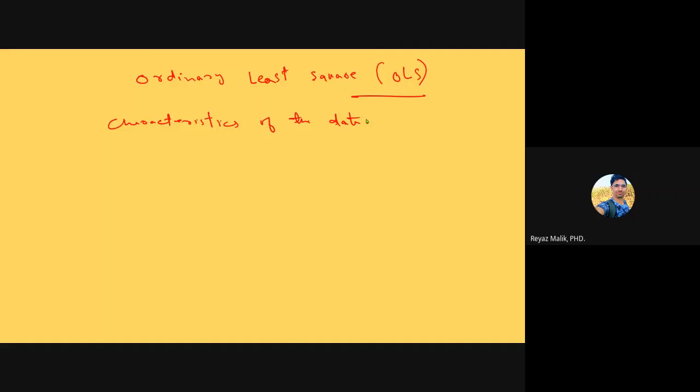VEC is vector error correction model. VAR is vector autoregressive model. These are all parts of these models. ARDL, autoregressive distributed lag model, is based on OLS, and there are co-integration model and error correction model. So many models are there, and one more, logit model, probit model, logistic regression.